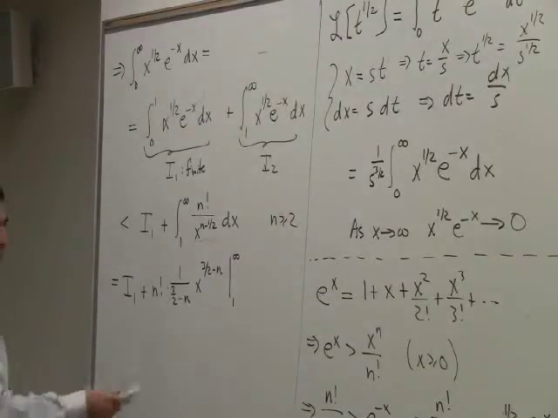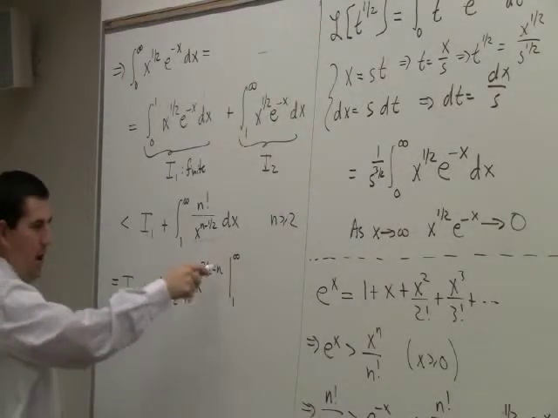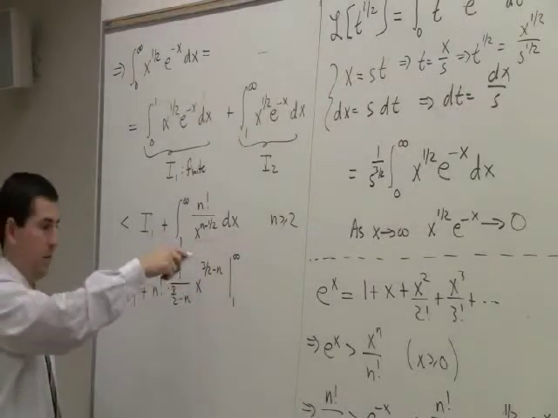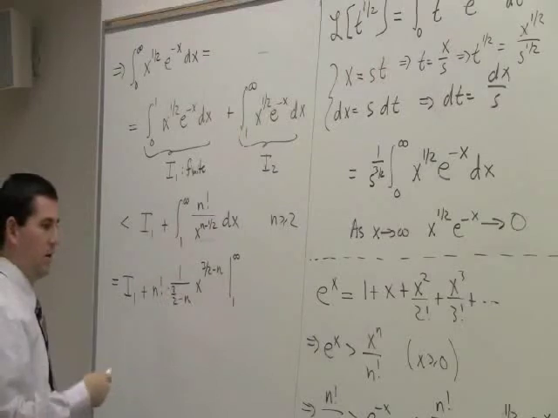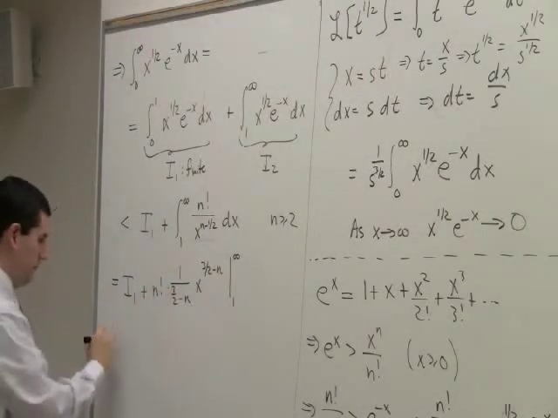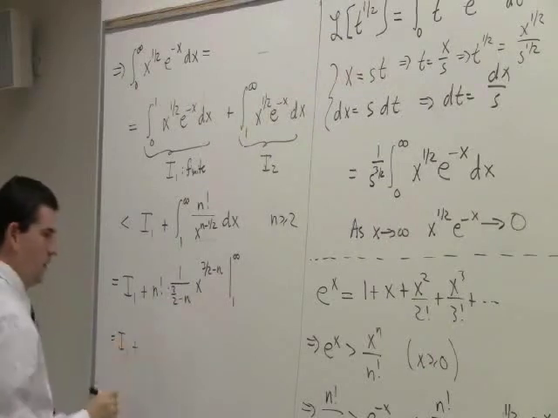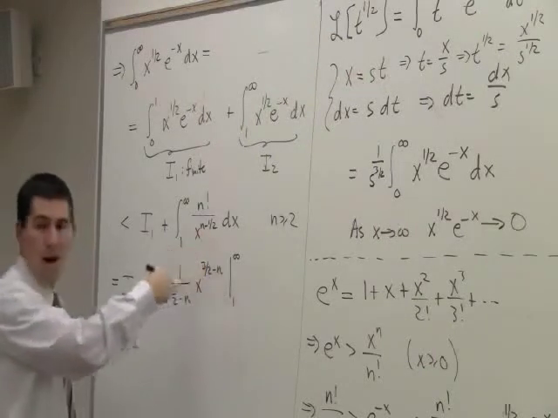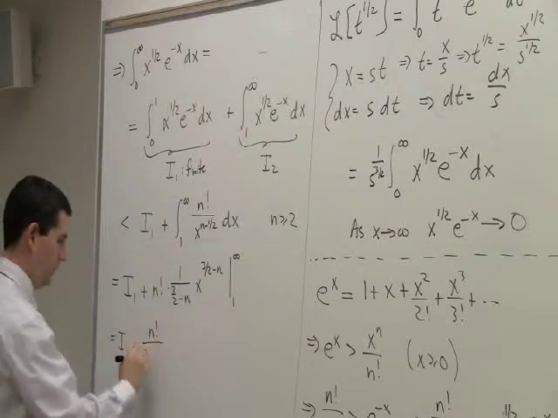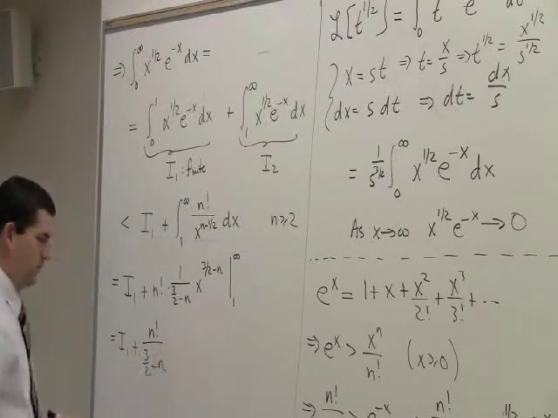If we do that, then when x goes to infinity, this whole term is going to go to 0. It's going to die, so it kills everything in here. So all you're going to care about is what happens when x is 1. When x is 1, you get 1 to a power, which is just 1. So you get n factorial over 3/2 minus n.